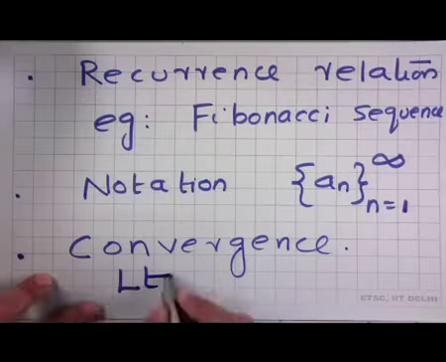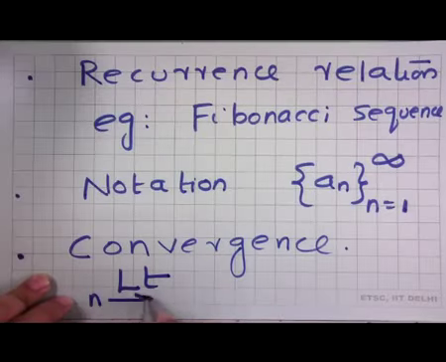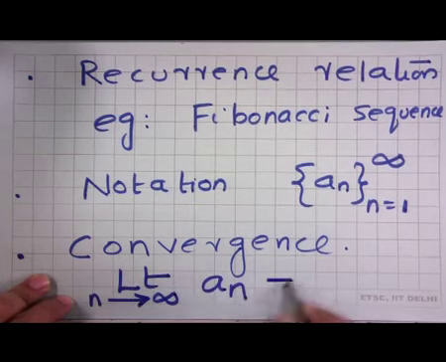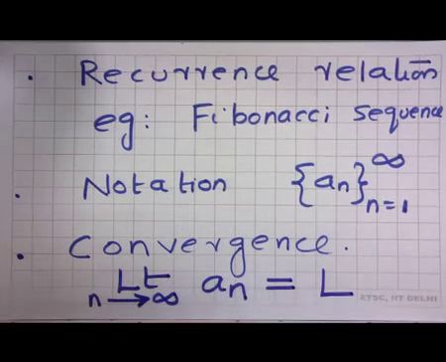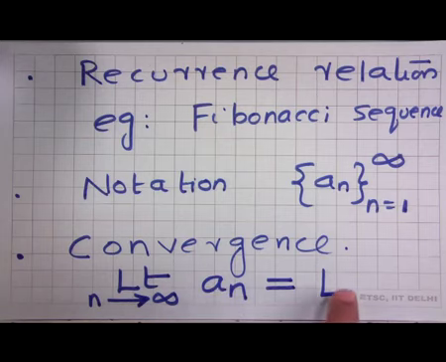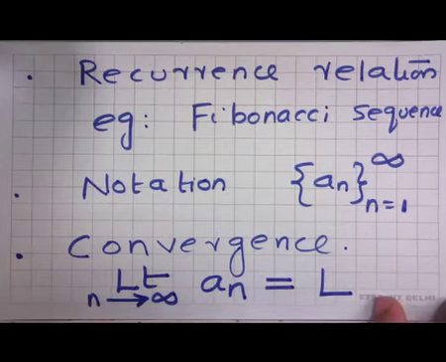Recall that by the notation limit n tending to infinity a_n equal to L, what we mean is that the terms of the sequence, namely the a_n's, approach closer and closer to the fixed value L as n becomes large enough.